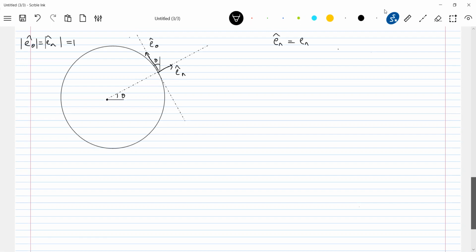You are going to write en cap equals cos theta i cap plus sin theta j cap. So there's a coordinate axis. Later on I'll avoid these i cap, j cap terms, because our main goal is to eliminate i cap and j cap. This is the x-axis, and the unit vector directed here will be i cap and this will be j cap.